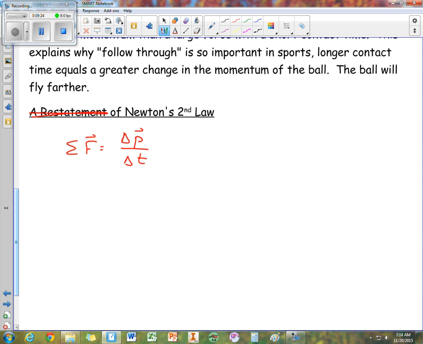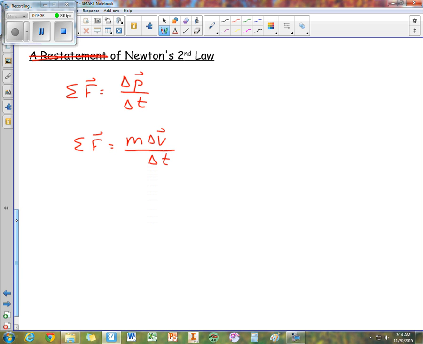But if we do just a little bit of algebra with it, we can see then that we have this delta v over delta t. And hopefully you recognize that as acceleration. So another way of talking about Newton's second law is F equals ma. So those are the two most common ways of writing out Newton's second law.